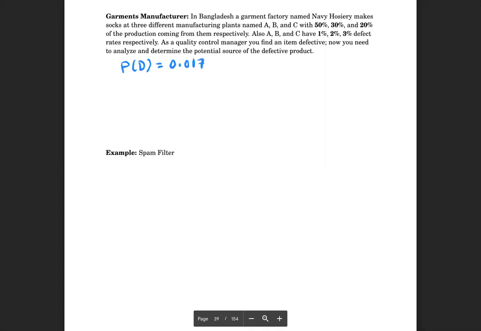So what is the probability that plant B has made it given that it is defective? That's what I'm looking for. It is going to be the probability of defective given that B has made it times the probability of B, all of it divided by the probability of defective.